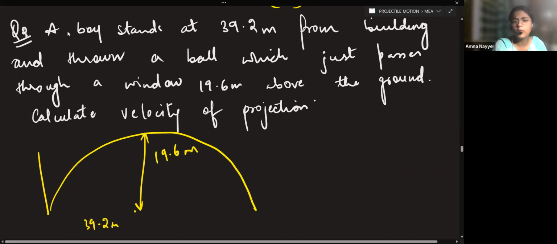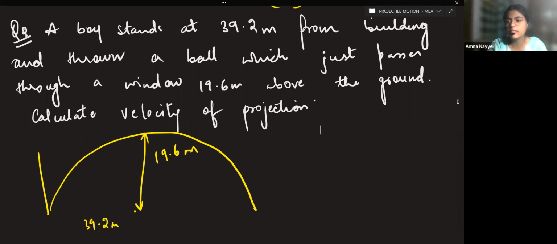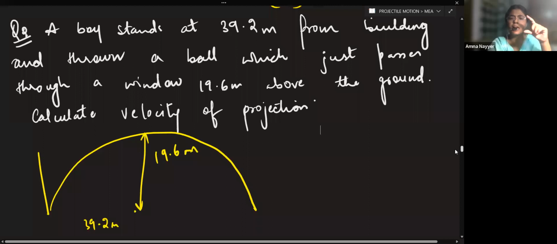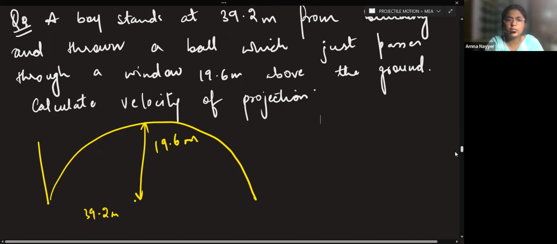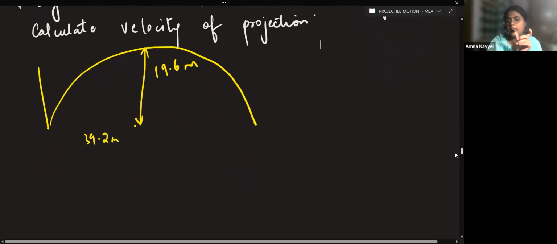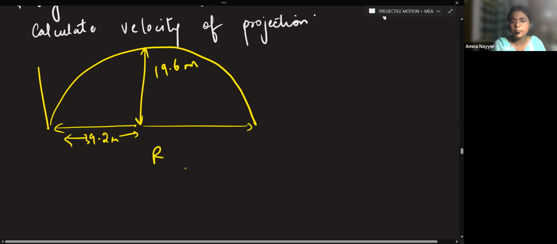Now we have to find the velocity. If you look carefully, 19.6 is given to you as the height, because a boy is standing and the ball passes like this, and this distance becomes 19.6. And 39.2 becomes half of the range, because the complete path is the range of motion, and only this much is given as 39.2.